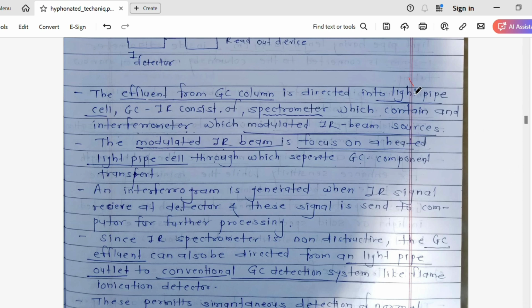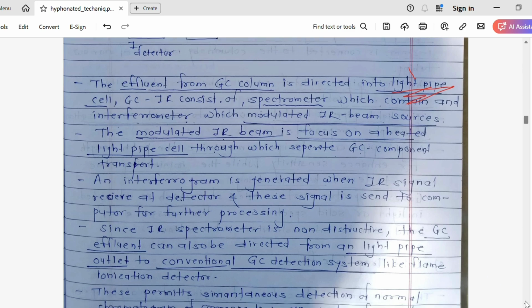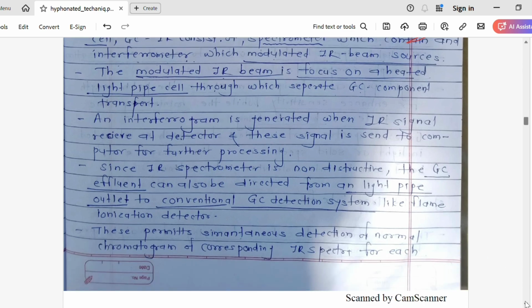The effluent from the GC column is directed into the light pipe cell. This light pipe is an interface, and this interface is very important. GCIR consists of a spectrometer which contains an interferometer which modulates the IR beam source. The modulated IR beam is focused on a heated light pipe cell through which the separated GC compounds transfer.